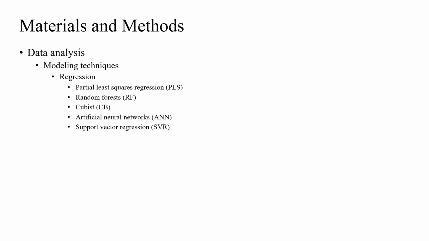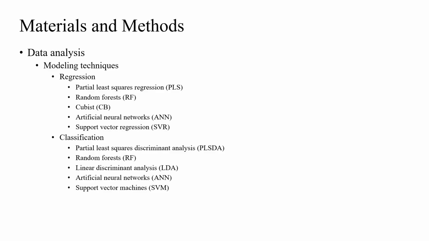2 types of modeling techniques were employed in the study. The first type was regression modeling, and 5 techniques including partial least squares regression, random forests, cubist, artificial neural networks, and support vector regression were explored for the 7 quantitative ground truth traits. The second type was classification modeling, and 5 techniques including partial least squares discriminant analysis, random forests, linear discriminant analysis, artificial neural networks, and support vector machines were explored for the 2 qualitative ground truth traits.